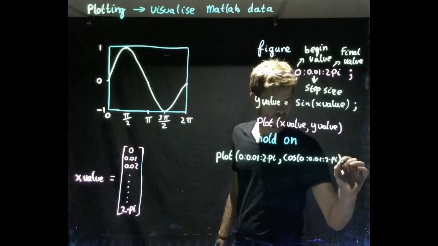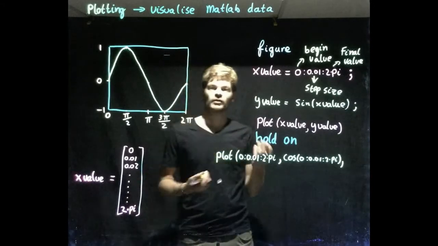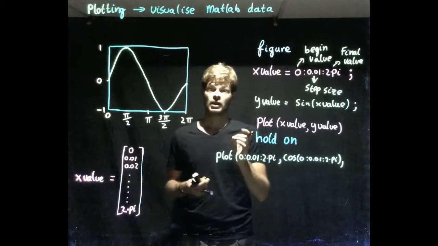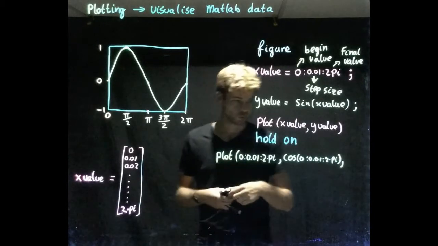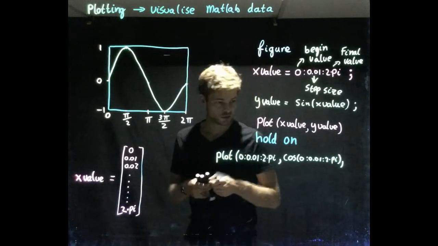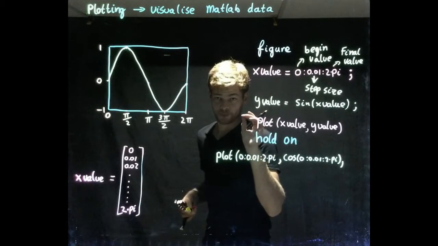And I want to give my cosine wave a different color and different shape, which can be useful for visibility. So I'm going to do this as well, and I'm going to use a trick which you can use in MATLAB as well.